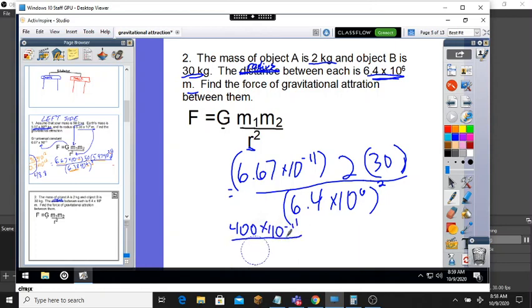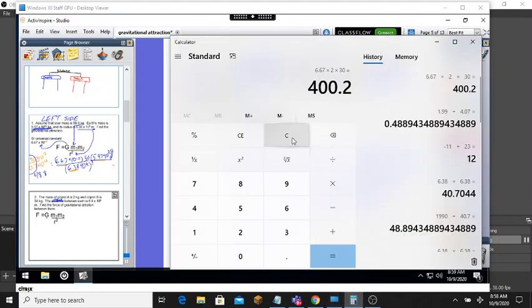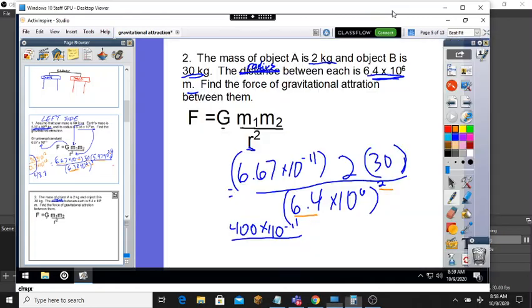Okay. Now this part right here is probably the new part. You are going to square that. 6.4 squared, 6.4 times 6.4, 40.96. And now these exponents, we're actually going to multiply them, since we're squaring this.